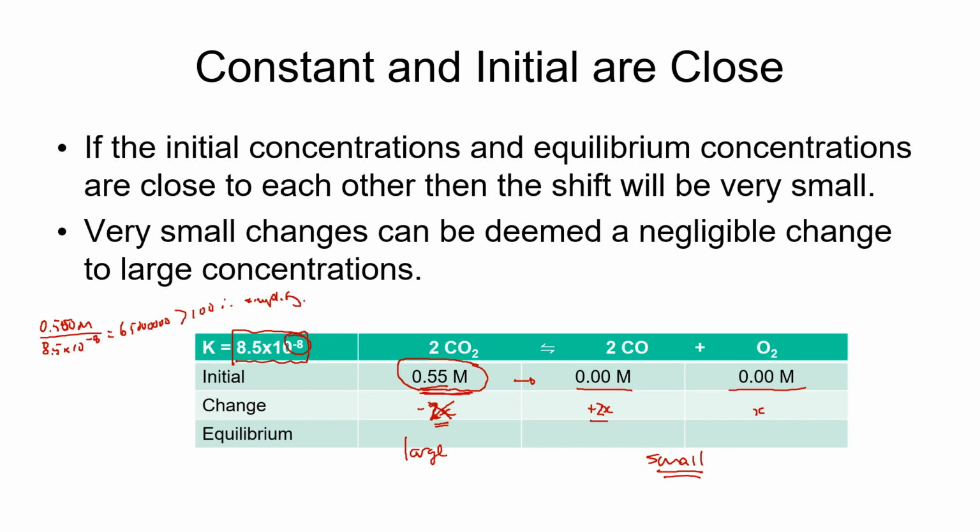We can't ignore these because they're being compared to 0, so they have to be worked out. But if you're subtracting a small number from a much larger number, the change to the overall concentration will be negligible if we round it back to our 3 sig figs like we have here. So let's see how that would look.